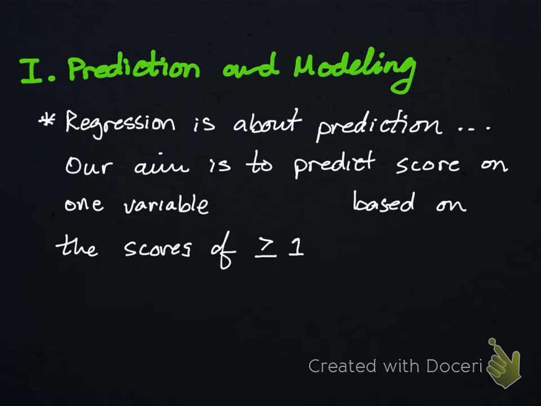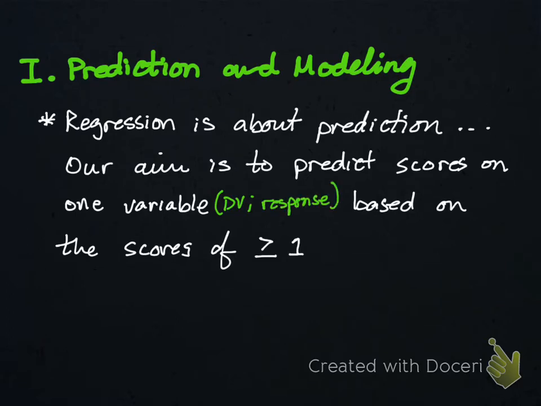So on the first point, prediction and modeling, regression is about prediction, and our aim is to predict scores on one variable based on the scores of one or more other variables. Now the scores that we're going to predict are going to be scores on what we're going to refer to as the dependent variable, or some might call this the response variable.